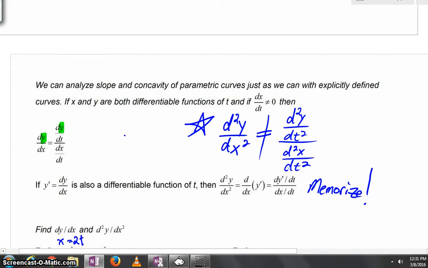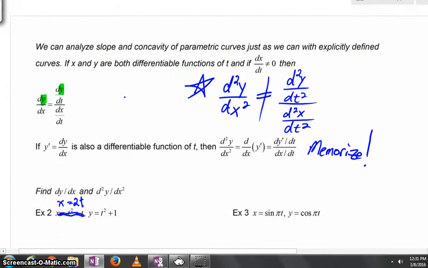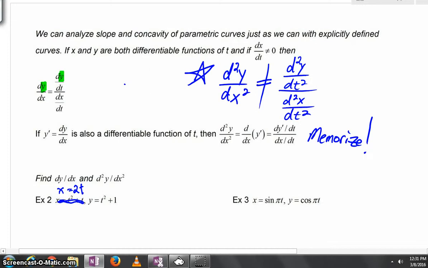Well, let's take a look. We are in a calculus class. Now that we're looking at curves, I think it's exceptionally important that we go back and talk about derivatives. And we can analyze slope and concavity just as we did earlier in the year. The first derivative, I think usually kids are feeling pretty good about that.